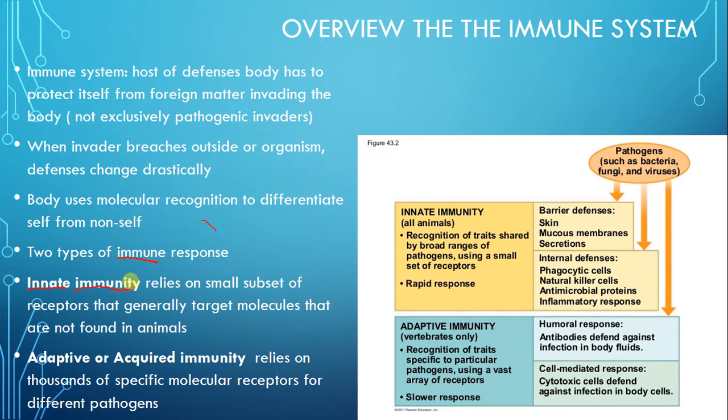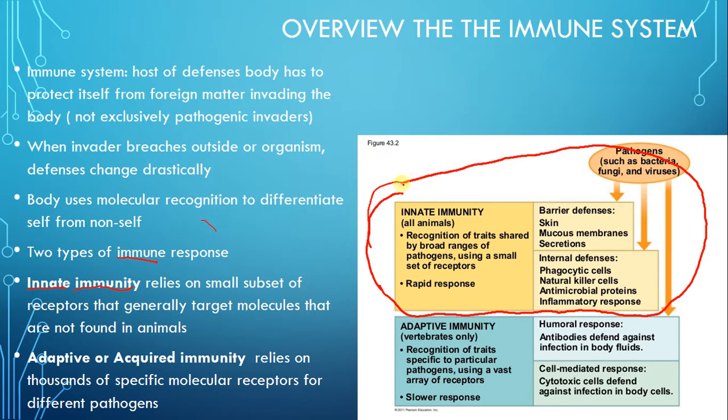That's in contrast to what we'll talk about next time, the adaptive or acquired immunity, which relies on thousands and thousands of specific receptors for different pathogens. So we're going to look at this top part here today, the innate immunity.